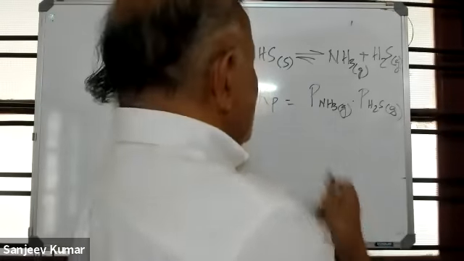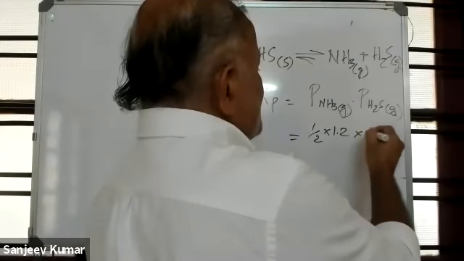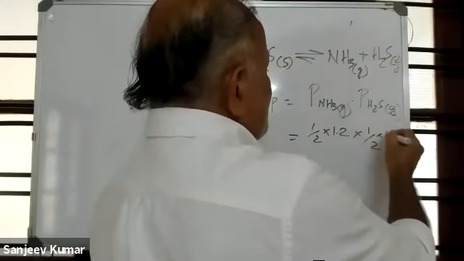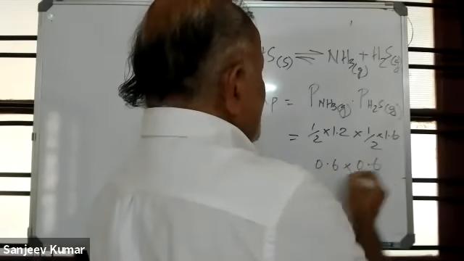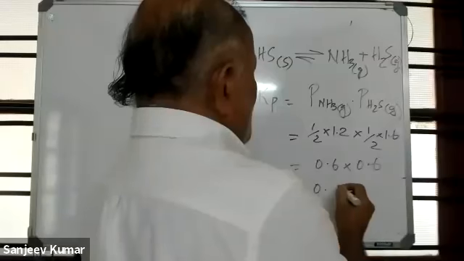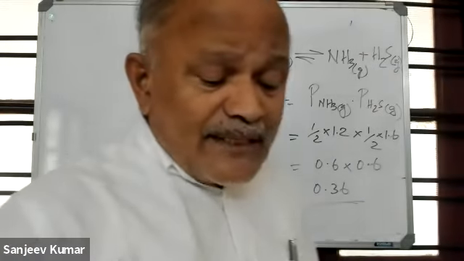Here the mole fraction is half. Therefore, half into 1.2 into half into 1.2, that is 0.6 into 0.6, so Kp is equal to 0.36.